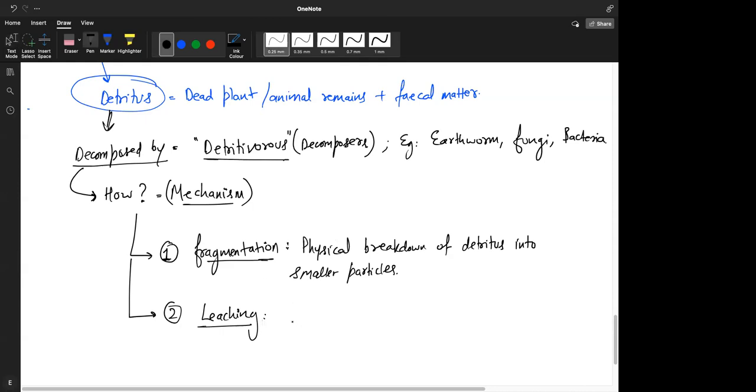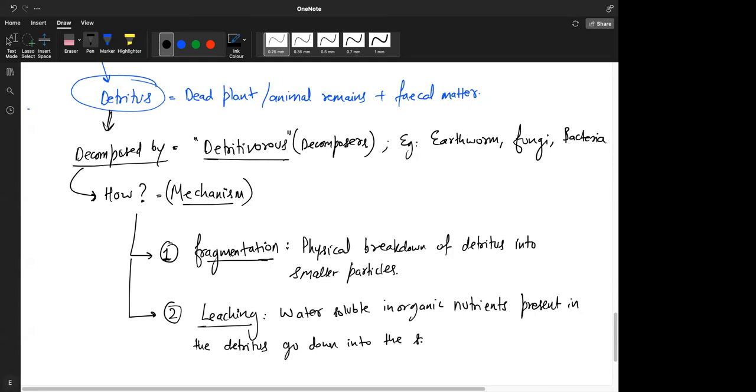Okay, so write down: water soluble inorganic nutrients present in the detritus go down into the soil and get precipitated.